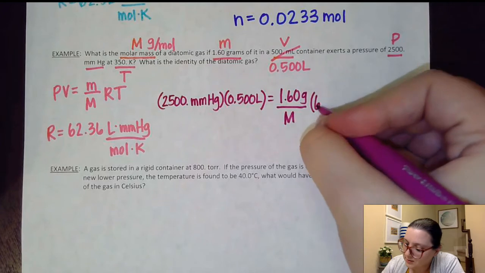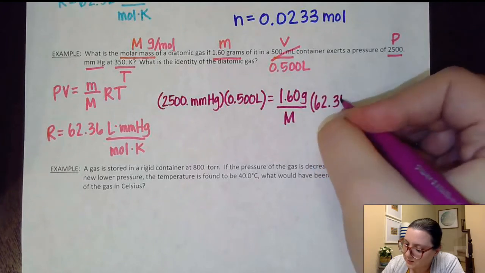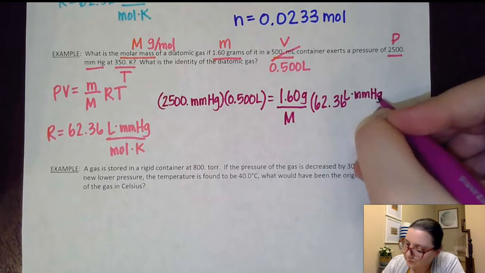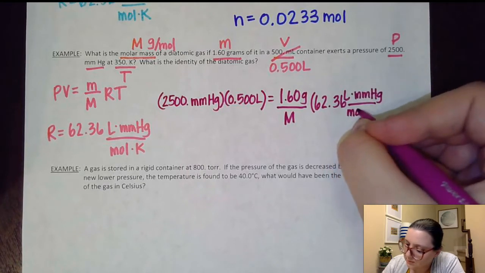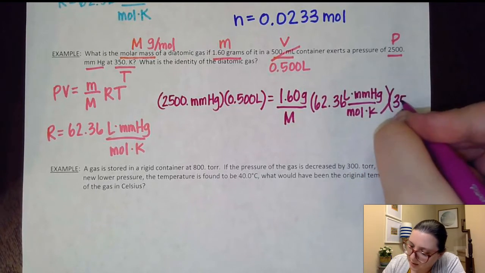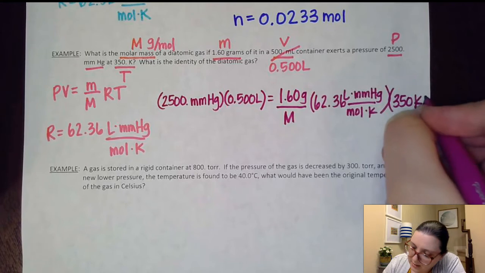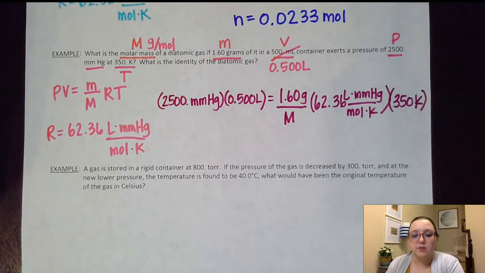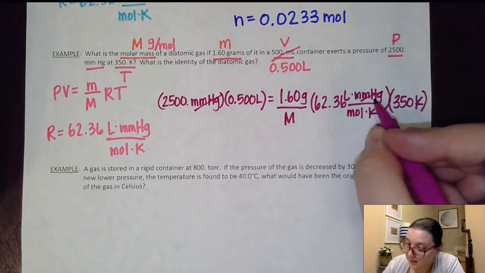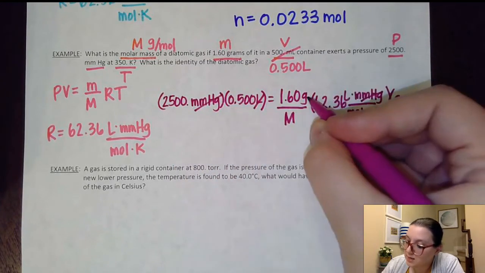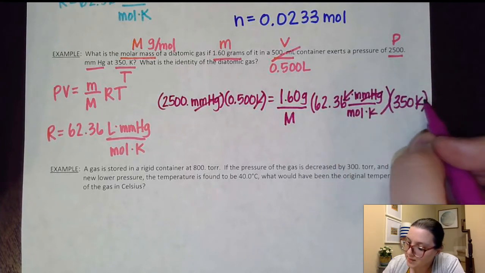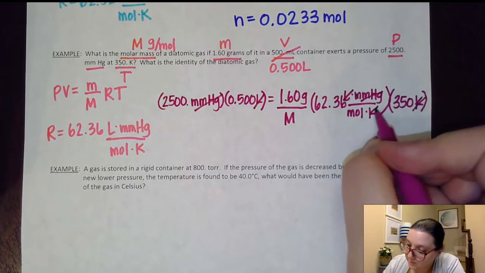My R, 62.36 liters times millimeters of mercury over moles times Kelvin. And finally, my 350 Kelvin. Now again, I did go ahead and write the units here because I want to talk about how they cancel. Millimeters of mercury on top and top cancel. Liters and liters on top both cancel. Here, the Kelvin on top and bottom cancel.